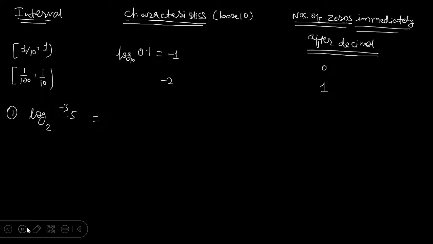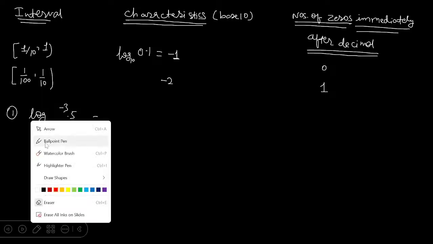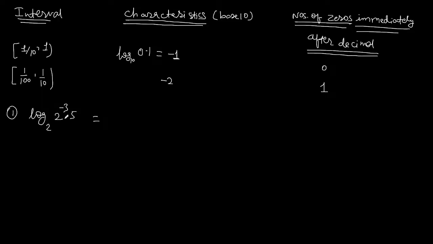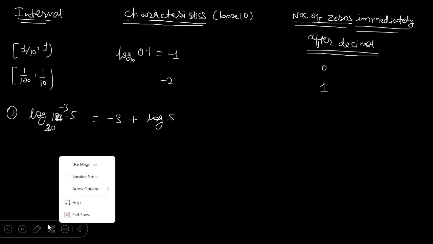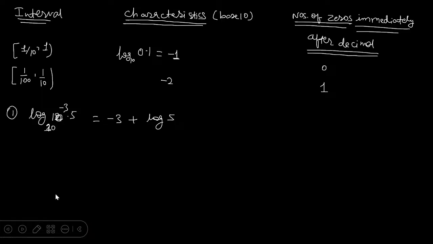It should be 2 to the power minus 3. We are reframing the question. Okay, reframing. It will be minus 3 plus log, or it should be 10 if it is 10, and then this is 10. What they are trying to show.